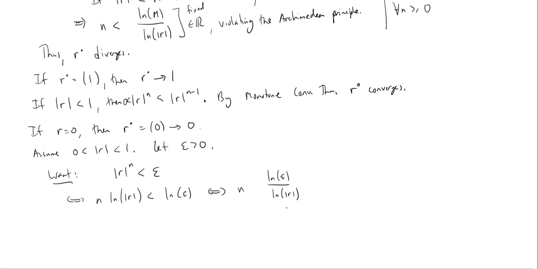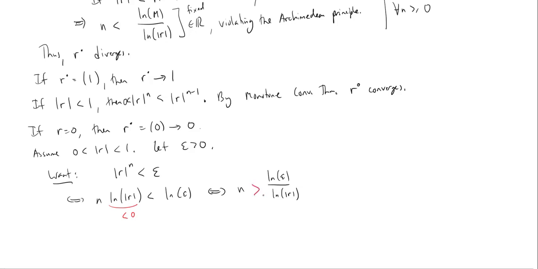But now, unlike before, where when we divided we did not have to worry about changing the inequality, here we do. Because the absolute value of r is less than 1, I'm taking the natural log of a number between 0 and 1. This is a negative number. So when I divide by it, it is a certainty that I'm changing the inequality.